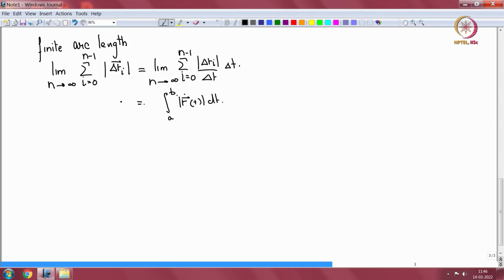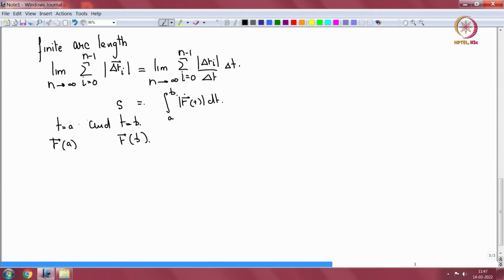This is the arc length between t is equal to a and t is equal to b. Okay, we will give it the symbol S, or between r A and r B.